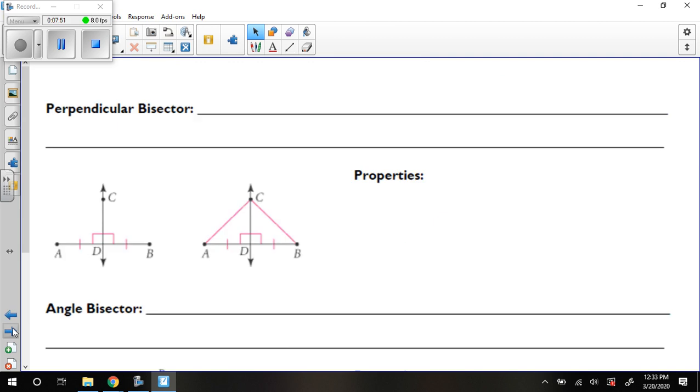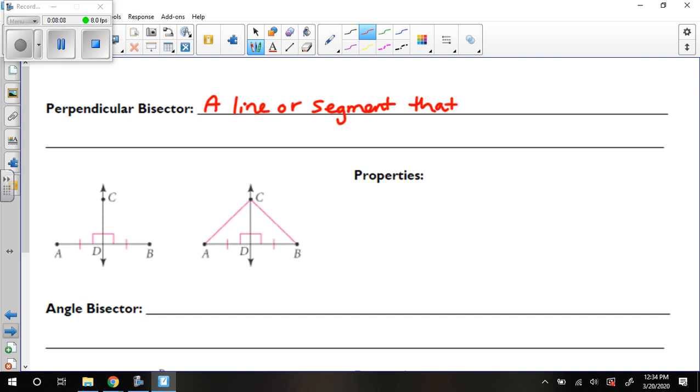Okay, our next special segment is a perpendicular bisector. Okay, so a perpendicular bisector is a line or segment that intersects a segment, and it does two things. The first thing is that it forms right angles.